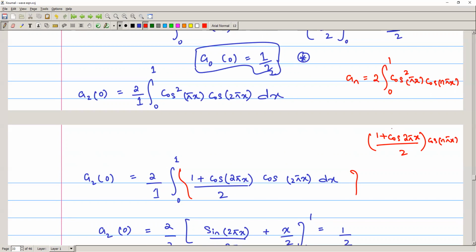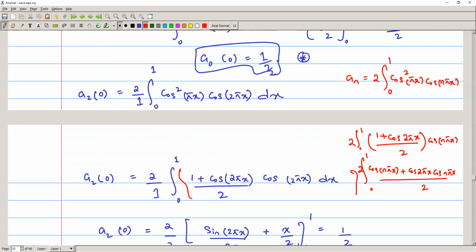So we can write it this way: cosine n pi x plus cosine 2 pi x cosine n pi x, right? Over 2. Integral from 0 to 1. This integral is from 0 to 1 twice.